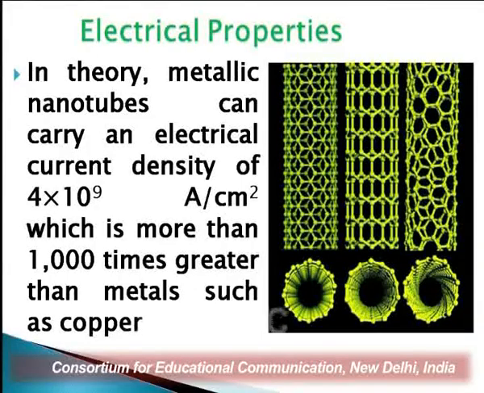Here on the screen we see the three forms of carbon nanotubes. There are lots of properties of carbon nanotubes that we discuss later. Up to now we discussed the forms of carbon nanotubes, the synthesis process, and some properties. Thank you very much.